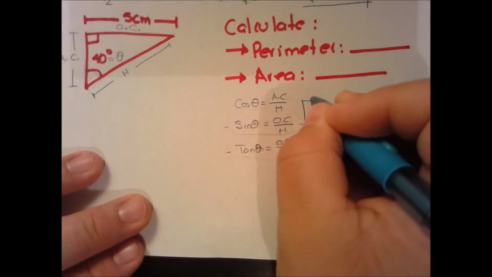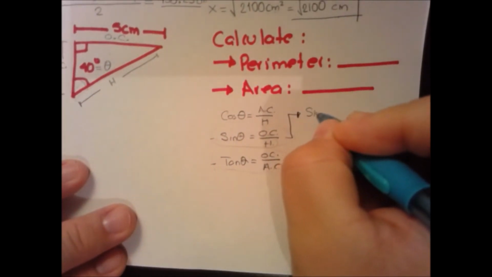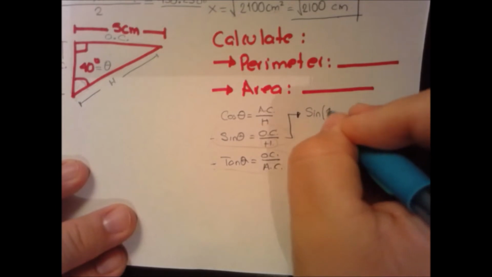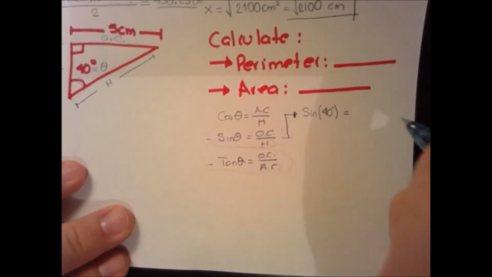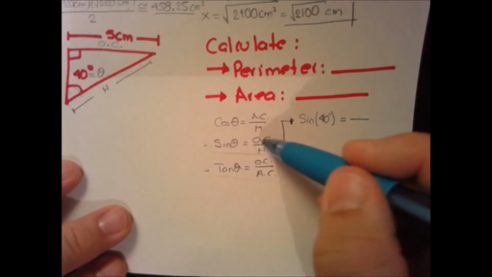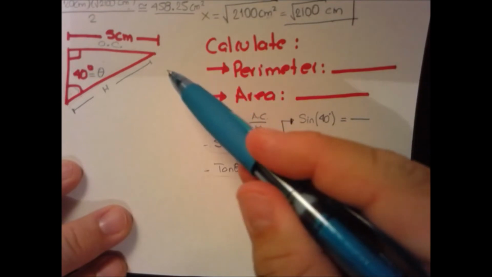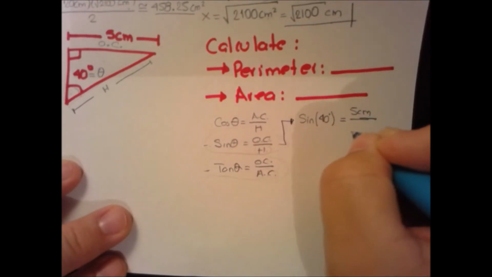Let's work over here. I'm going to write sine of 40 degrees. So I'm substituting the measure. It's equal to, in that case, the opposite cathetus, that we know is 5 centimeters over the hypotenuse.